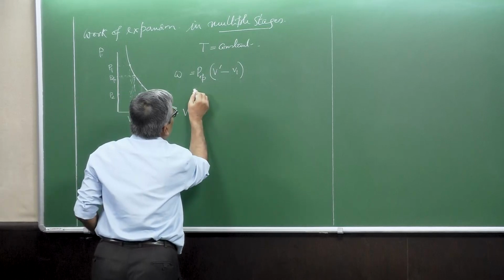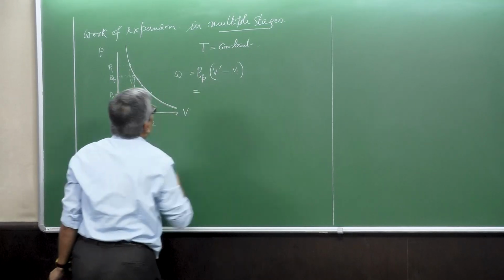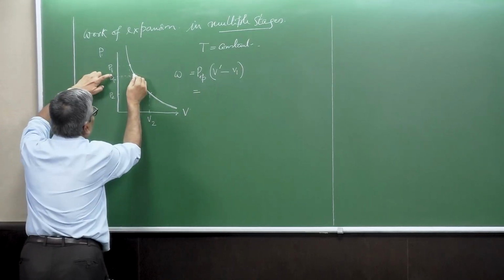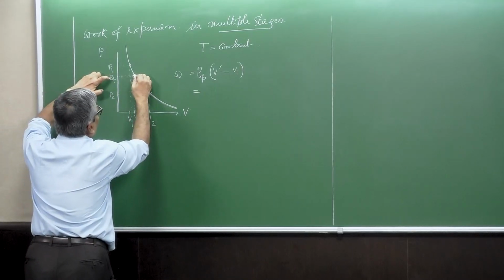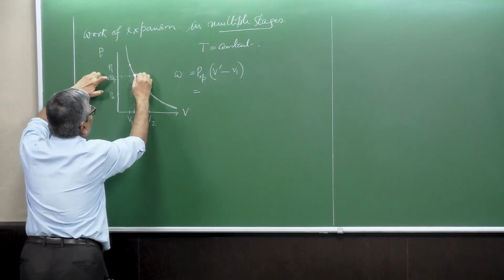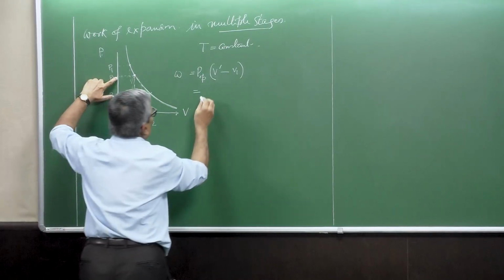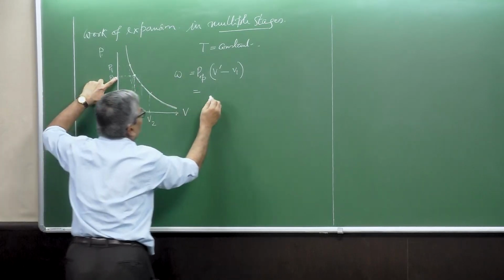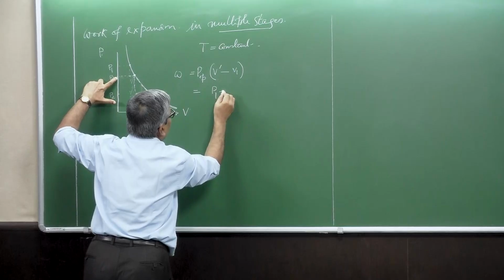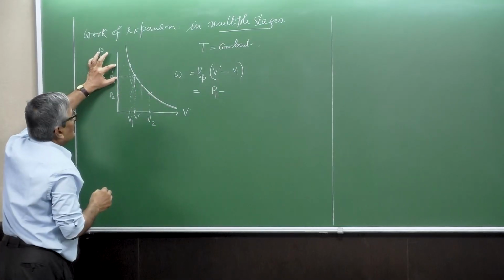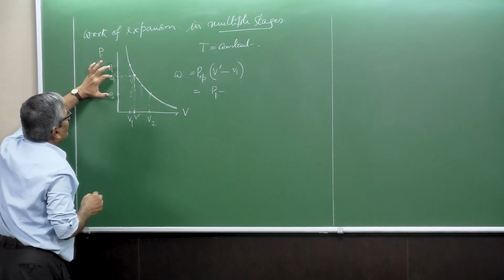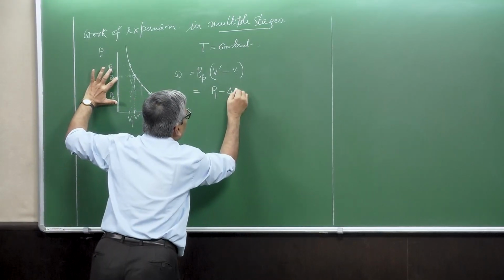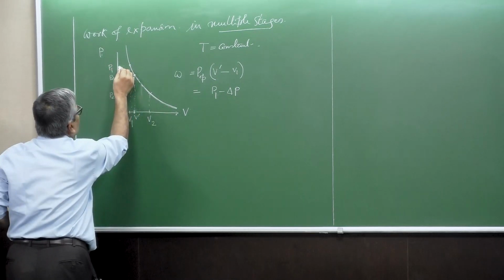Now, what is this P opposing? I have chosen a point deliberately on this particular equilibrium curve, P equilibrium. So P equilibrium is basically P1 minus some small change, delta P. Delta P is this change.